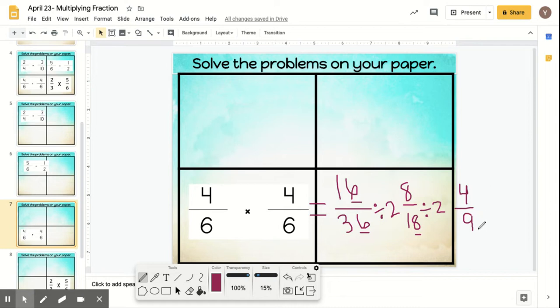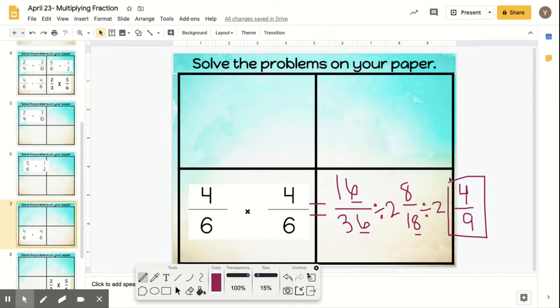Now look, 4/9. Okay, well, 4 is even, I can divide that by 2. 9 is odd, so I cannot. 4 can only be divided by 1, and 9, I cannot. So that means 4/9 is my final answer.